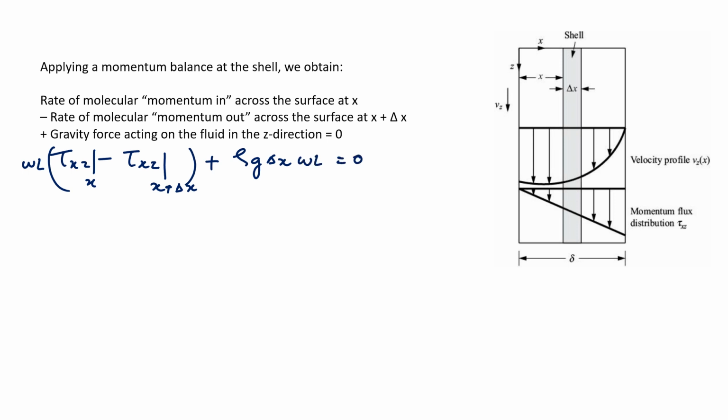What is this? Rate of molecular momentum in across surface at x, rate of molecular momentum out across surface x plus delta x, and gravity force acting on a fluid in z direction.